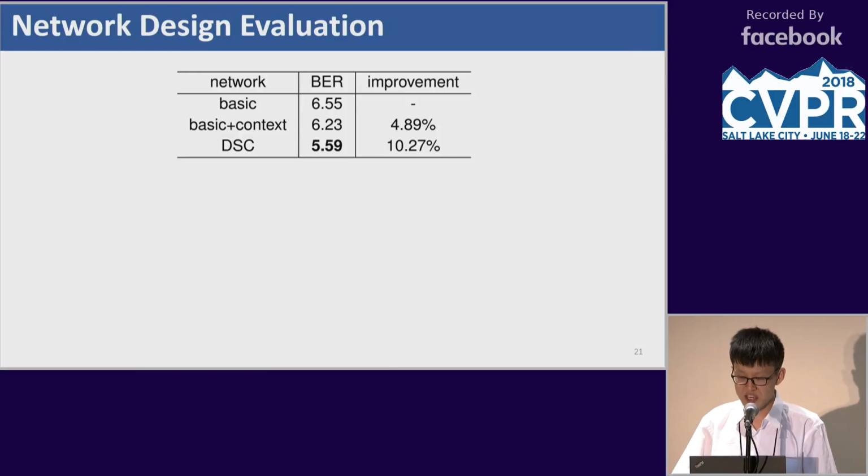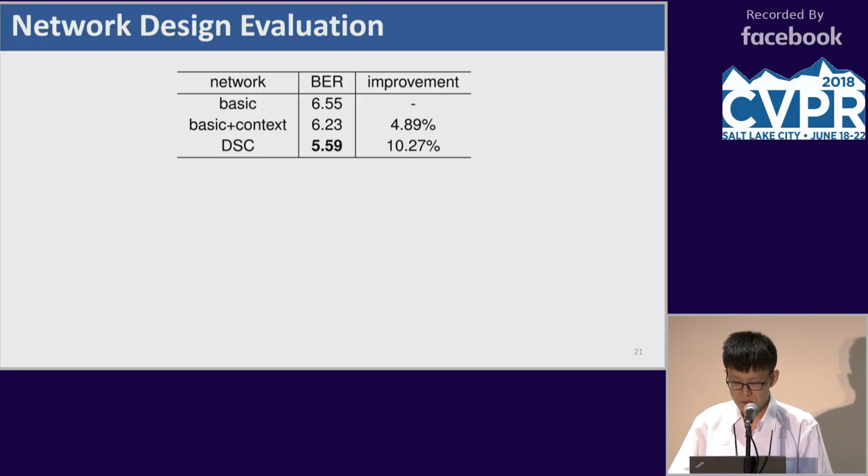We perform an experiment to evaluate the network design. The basic is a network built by removing all the DSC modules from the overall network. Basic plus context considers spatial context, but ignores the direction-aware attention weights.